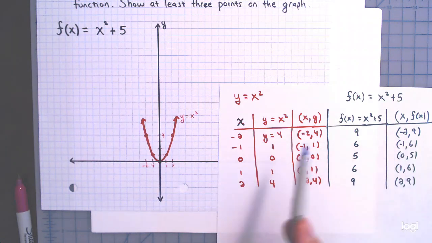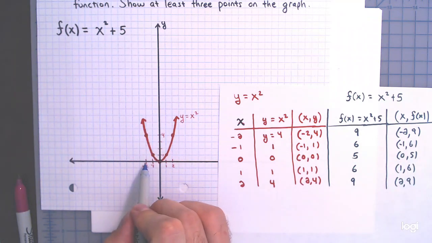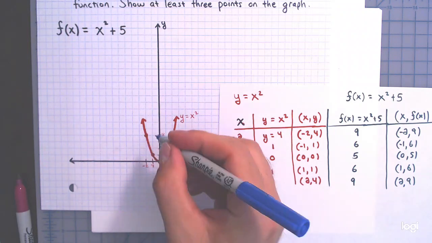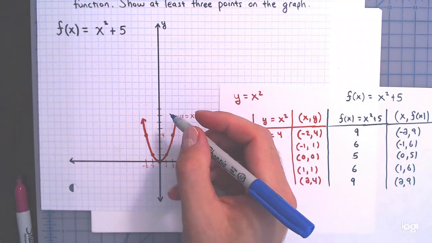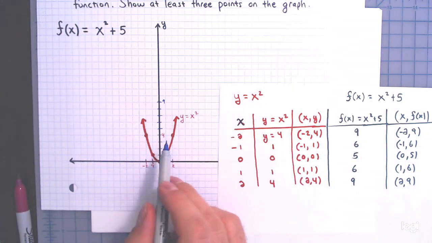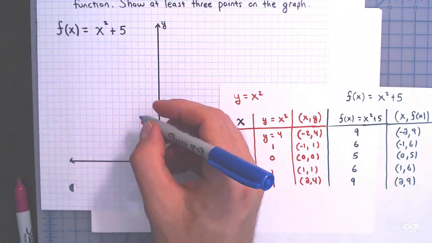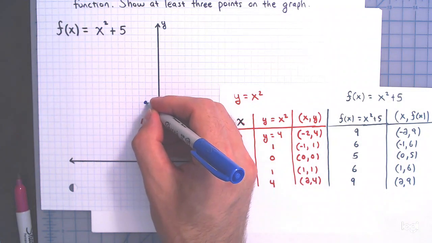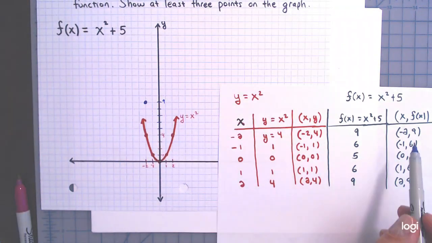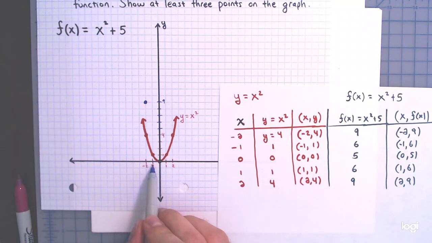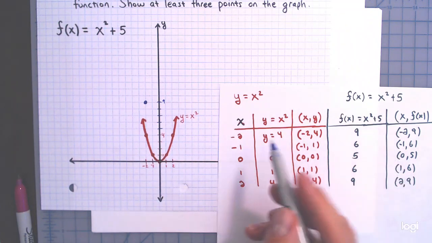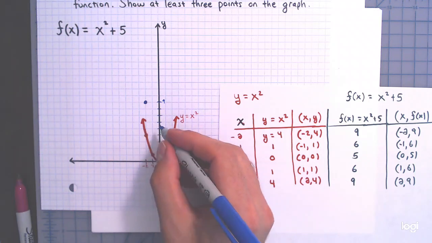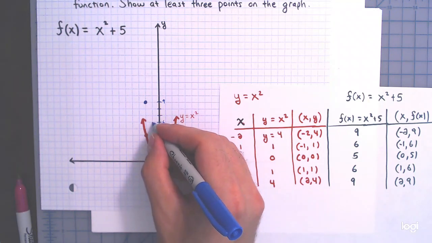So the first one, -2, 9. Well, again, remember, it was -2, 4 originally, but all I'm doing is adding 5 afterwards to the y coordinate. So from 4 to 9. So mark off that location. There's -2, 9. -1, 6. It was originally -1, 1, but then the addition of 5 afterwards just bumps that up 5 units to -1, 6.